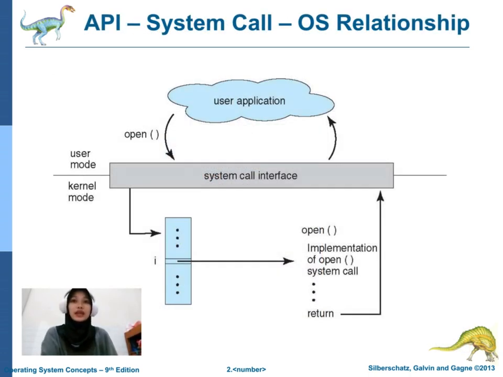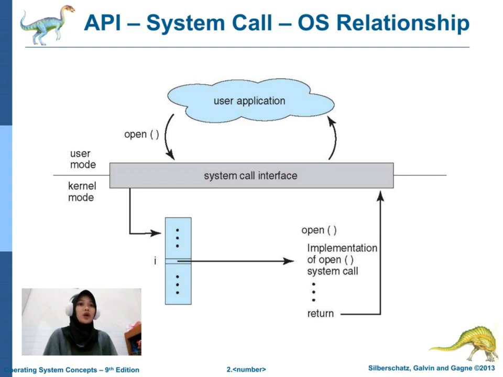The next slide is a table of API, system call, and operating system relationship. We have a table with a number for each system call, an integer number. The number corresponds to the system call.